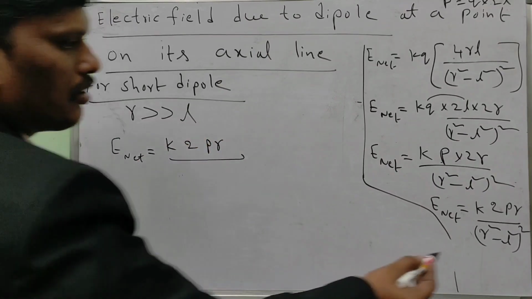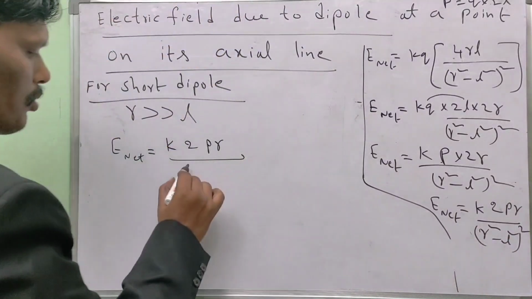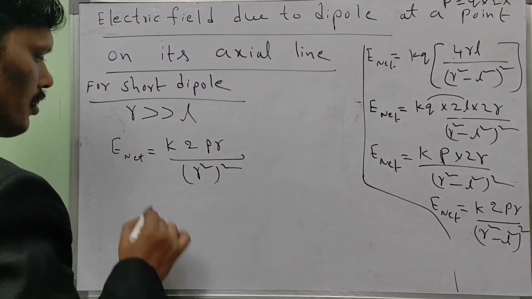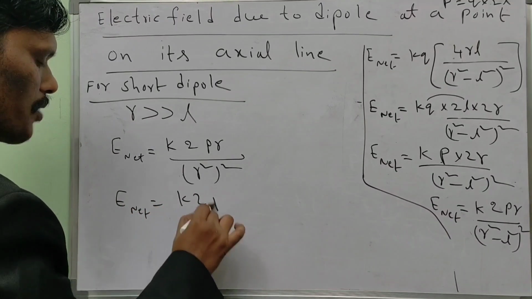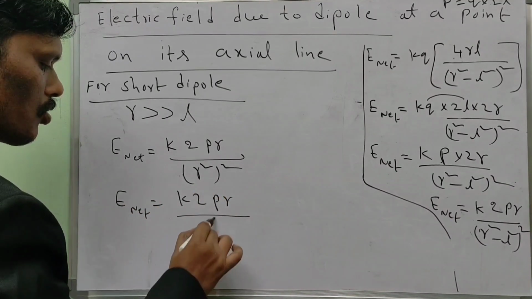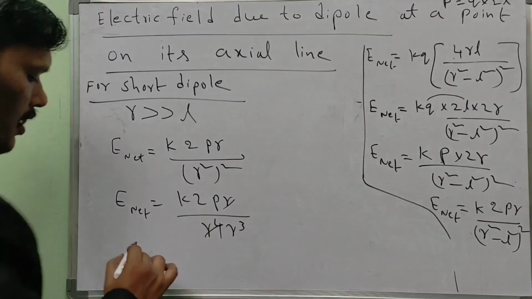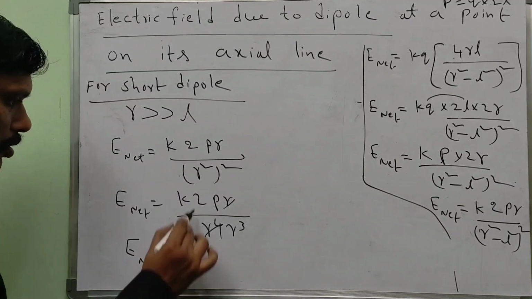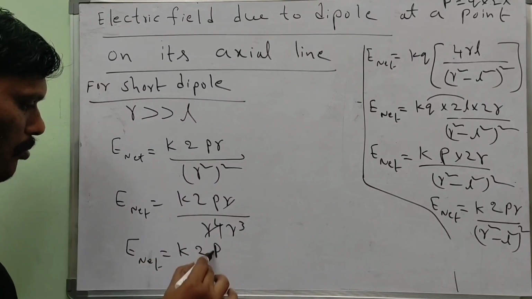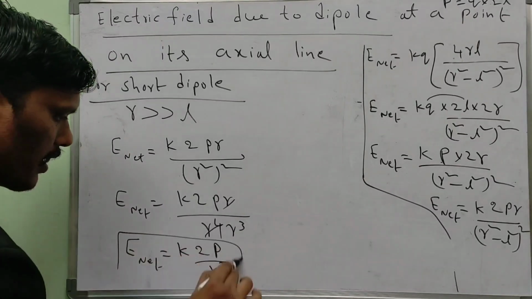L is negligible, automatically L square is also negligible. Then (R square) whole square. Then E net is equal to K times 2 times P times R upon R to the power 4. R gets cancelled in R to the power 4, leaving R cube. And finally, what E net do we get? Simply K into 2 times dipole moment upon R cube. This is the E net.